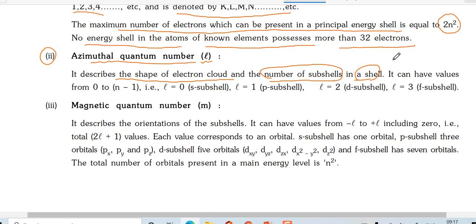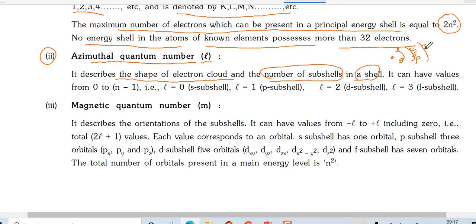See, we have written that these are the shells, 1, 2, 3. Within the shells, how many subshells are there? What are the shapes of those subshells? Suppose the first shell: in the first shell there is only one subshell, that is s. Now the second shell has two subshells, one is the s subshell, the other is the p subshell.